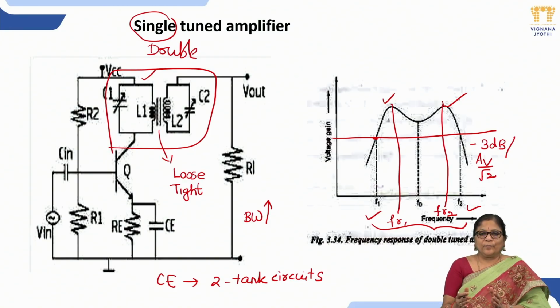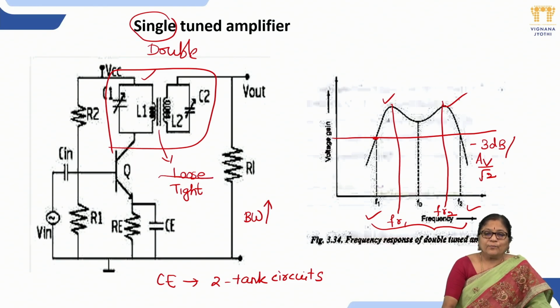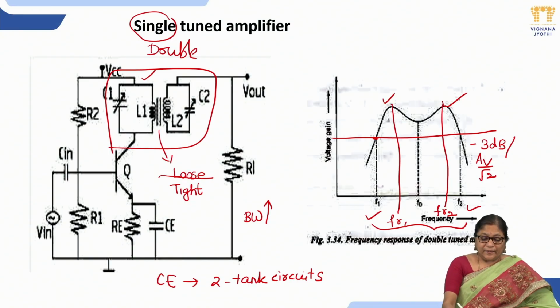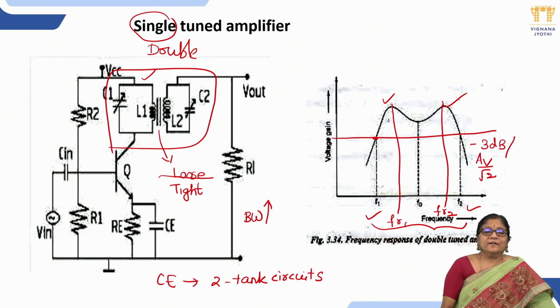If you want comparatively low bandwidth, loosely coupled will be used. For more bandwidth, tightly coupled will be used. So the overall bandwidth of this double tuned amplifier will be more than the single tuned amplifier. So this is a CE amplifier with a load of two tank circuits coupled with a particular type of coupling.